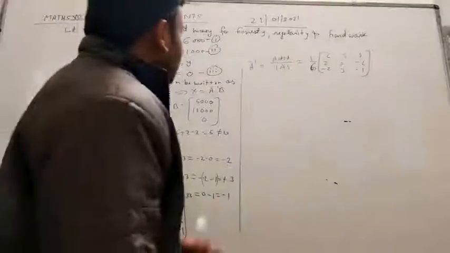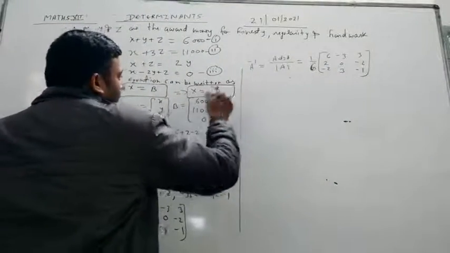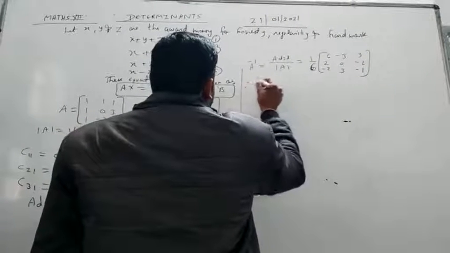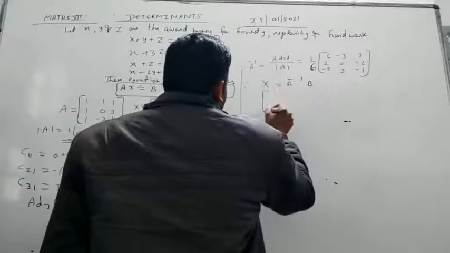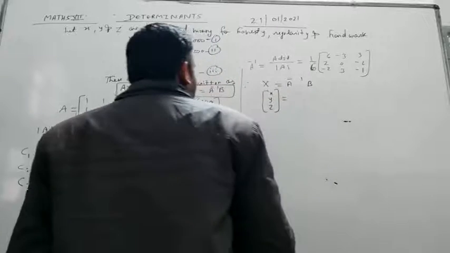Okay student, now after getting the A inverse, we will substitute all the values in this equation. So we write X, since X is equal to A inverse B. So X is x, y, z, and this is equal to A inverse.